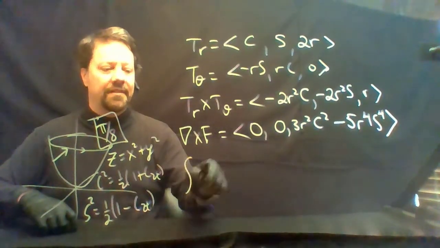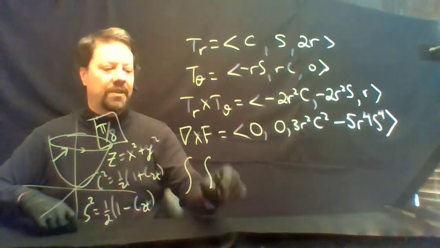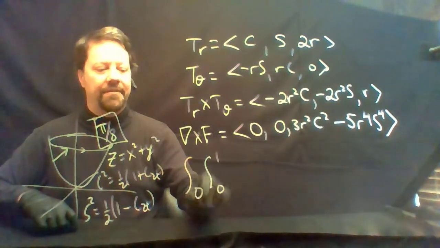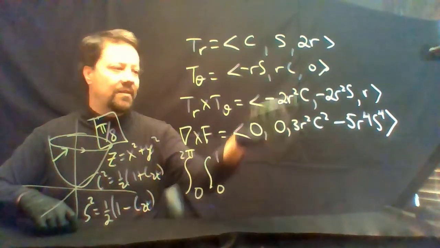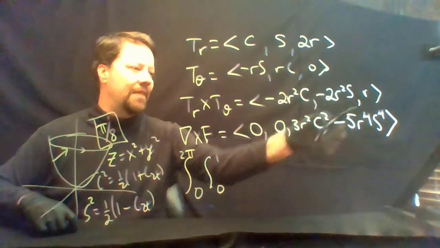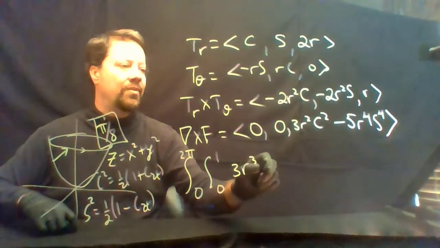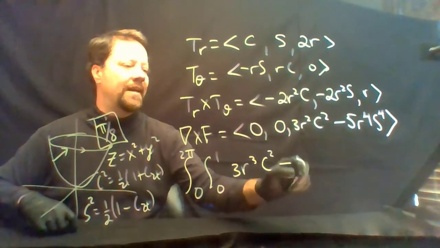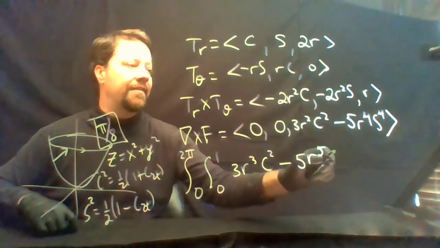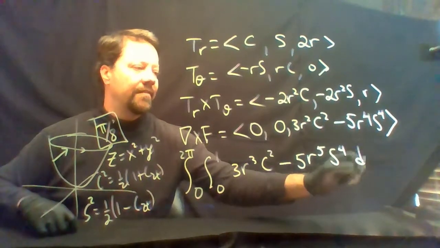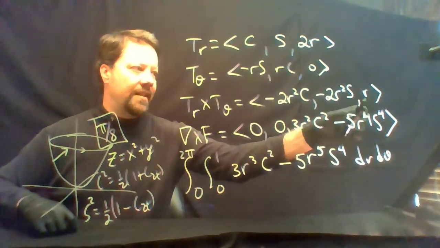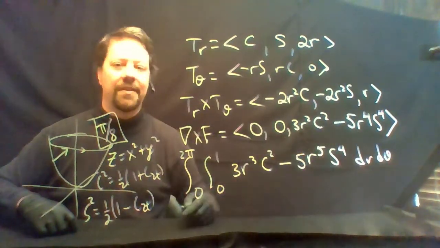Setting up the surface integral, r will go from 0 to 1 and theta from 0 to 2 pi. We'll take the dot product. We'll end up with the integrand being 3r cubed cosine squared minus 5r to the 5th sine to the 4th, dr d theta, multiplying r times each of those.